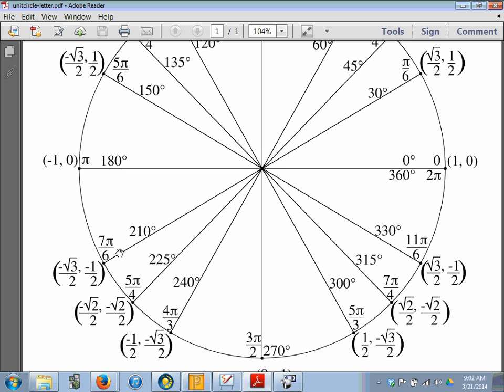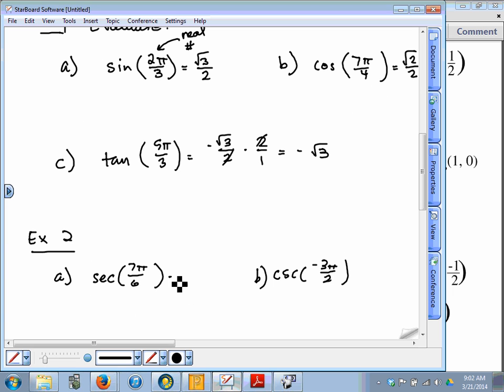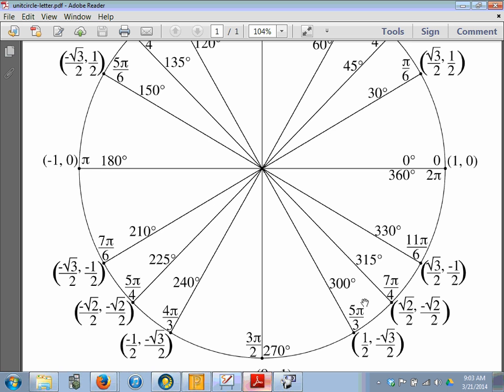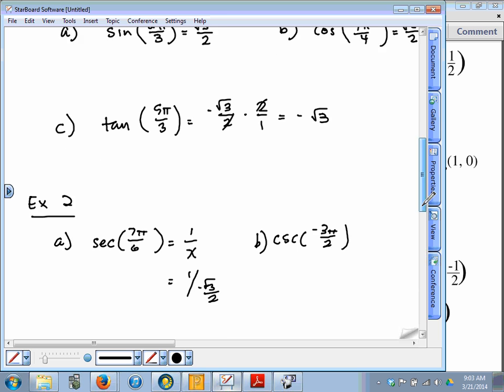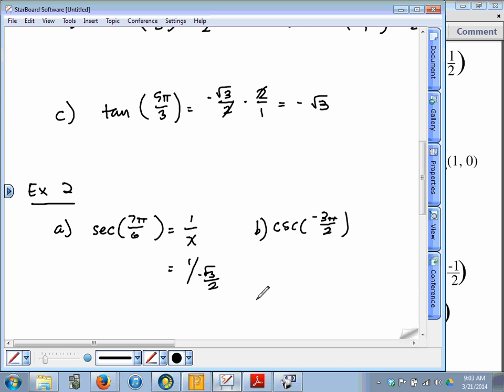Now, the secant. Is it secant or were we doing cosecant? Secant. The secant is the reciprocal of the cosine. So the secant is going to be 1 over x. So at that point, it's going to be 1 divided by negative square root of 3 over 2.